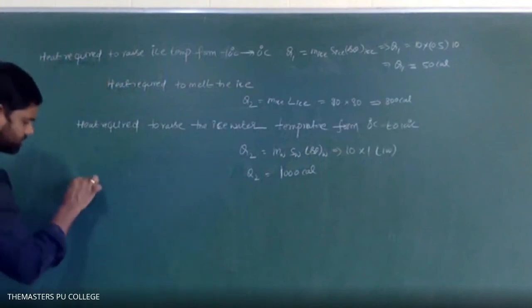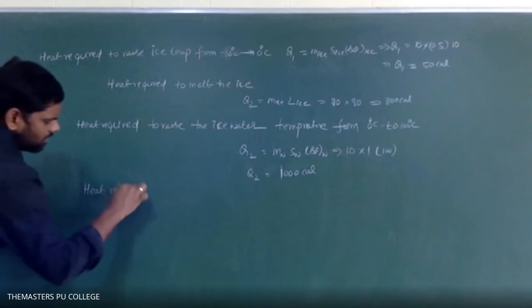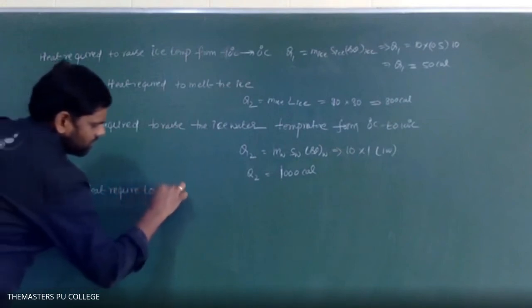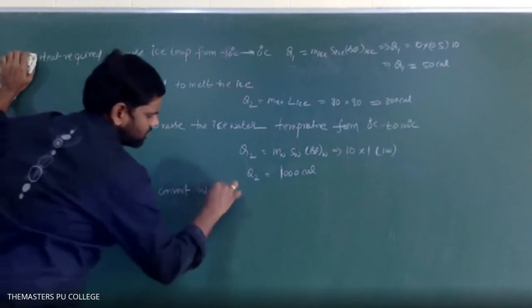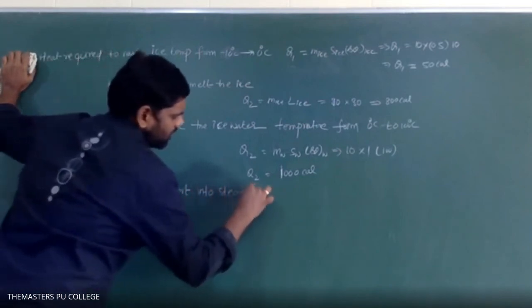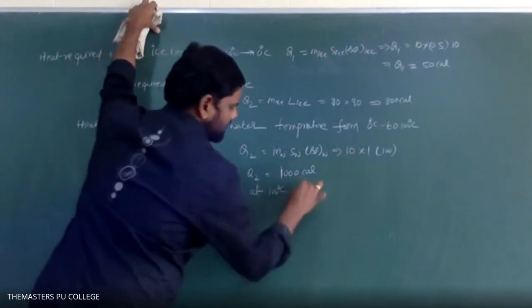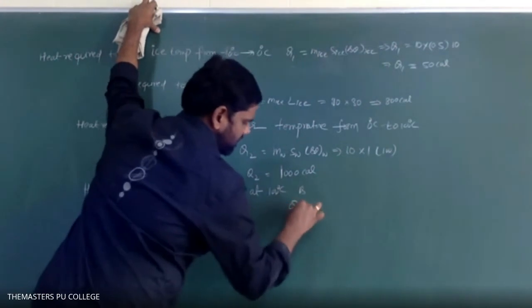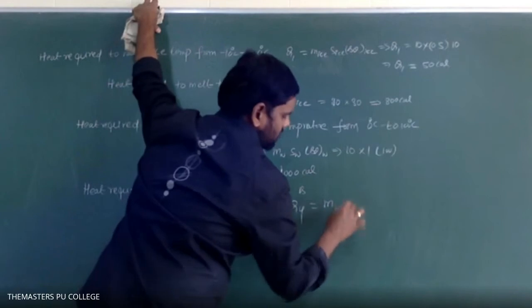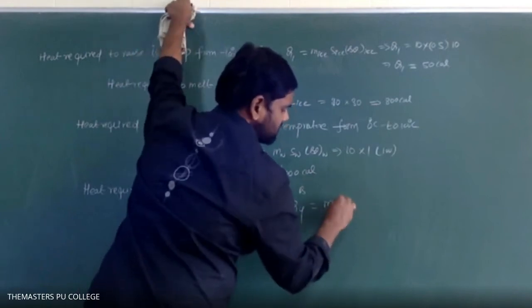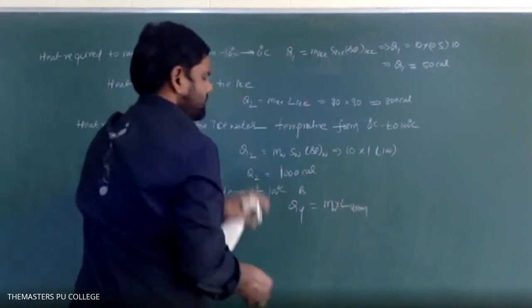Next, the last one. Heat required to convert into steam at 100 degrees centigrade is Q4, which equals mass of water into latent heat of steam.